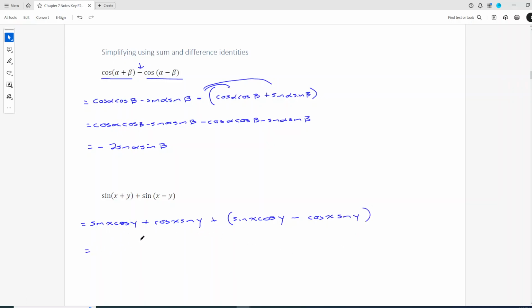Then nothing's going to happen to my sines. So I have sine x cos y plus sine x cos y, so I have 2 sine x cos y. And then I have a cos x sine y minus a cos x sine y, so that's gone. So that's as far as those ones are going to go. There's not a ton of practice with these because we're going to use these a lot more later. We're just getting used to them now.